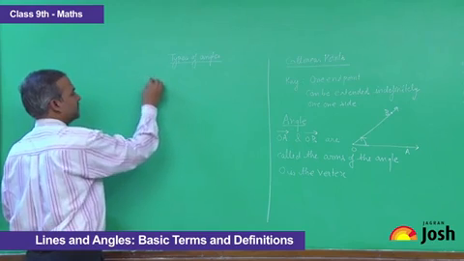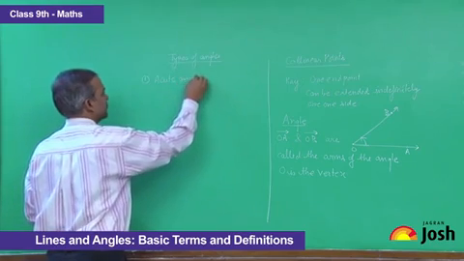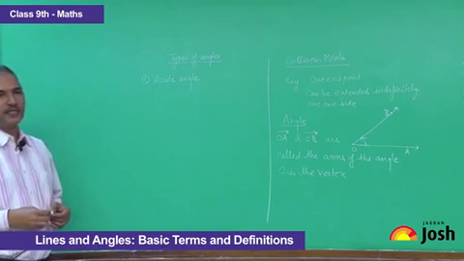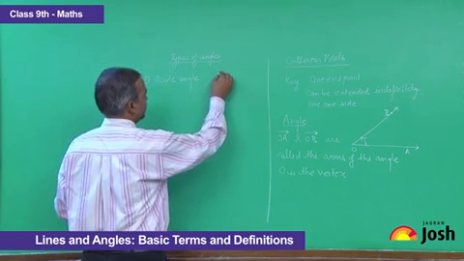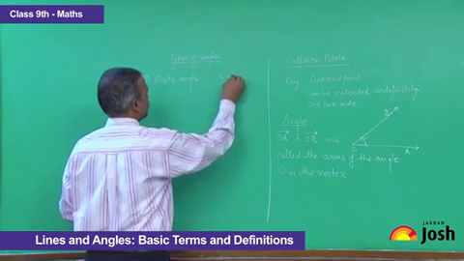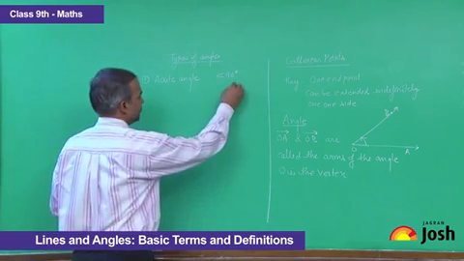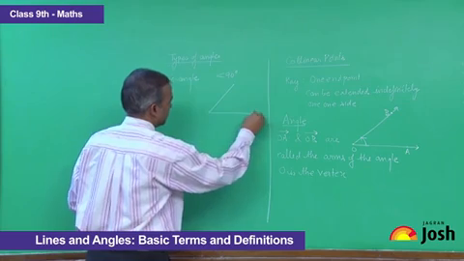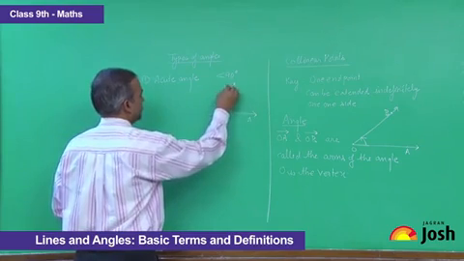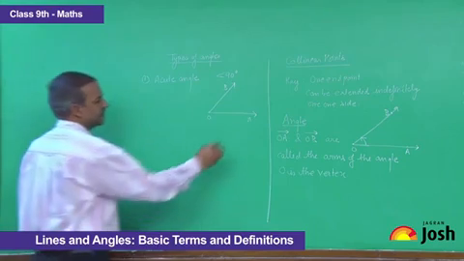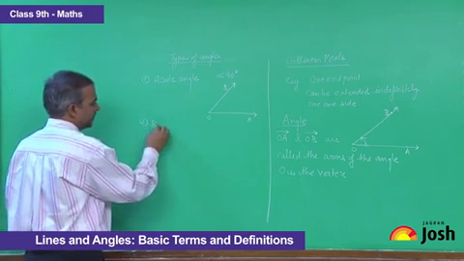The first of them is an acute angle. If the measure of an angle lies between 0 and 90 degree, or you can say that if it is less than 90 degree, then it is an acute angle. For example, AOB is an example of acute angle. 2. A right angle.